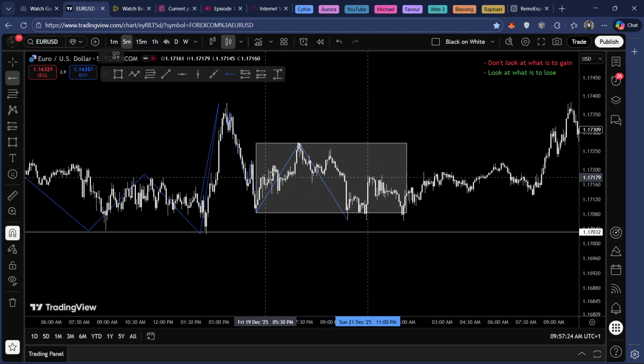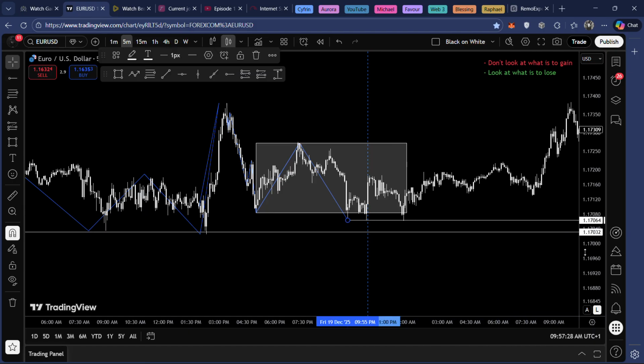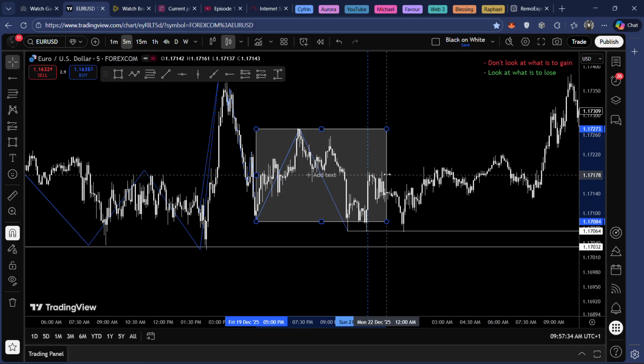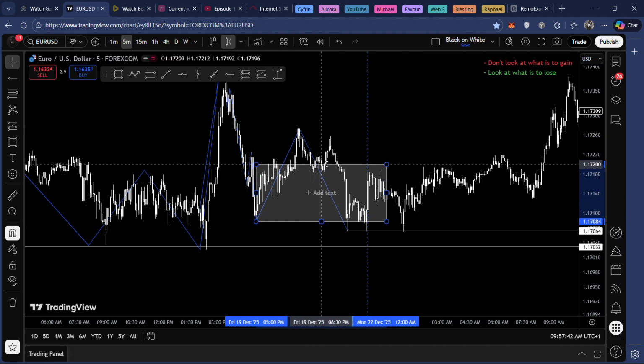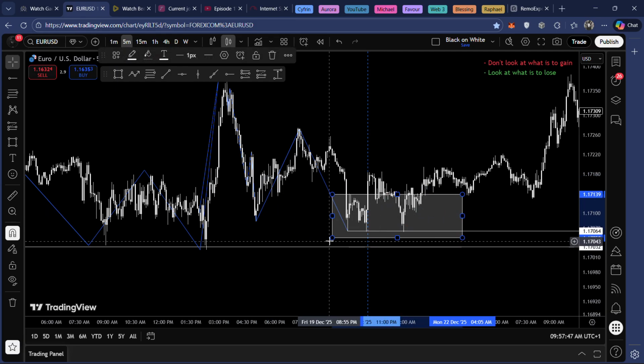Now look at the low here we are targeting. Now our new order block, when it came down, it entered, it crossed. You see.